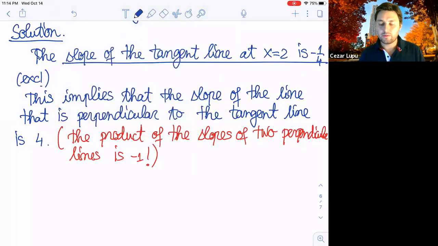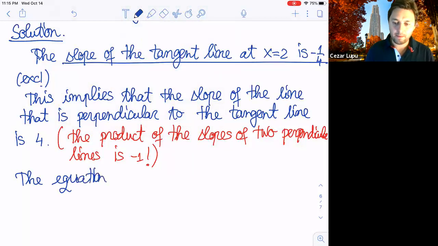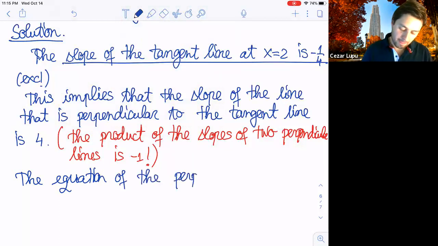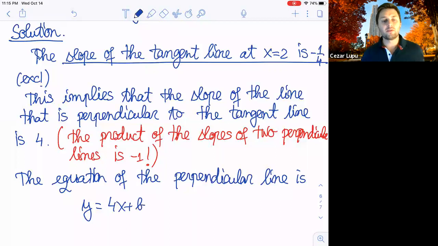Now the equation of the perpendicular line. So the equation of the perpendicular line is given by y is 4x plus b. So we write this in slope-intercept form, right?